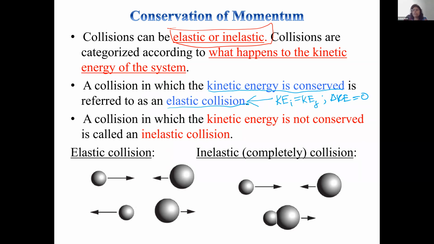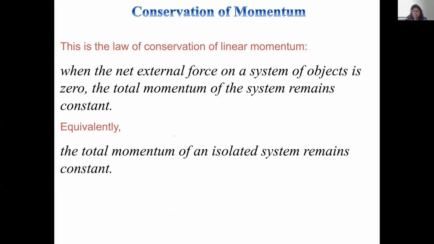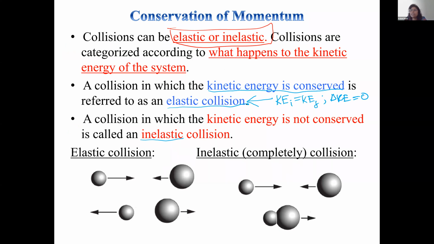That's the definition of an elastic collision. But there are also inelastic collisions. In an inelastic collision, the definition is that kinetic energy is not conserved. That means if you calculate the change of kinetic energy, final minus initial, it will not equal 0. That's the only way you can say a collision is elastic or inelastic.